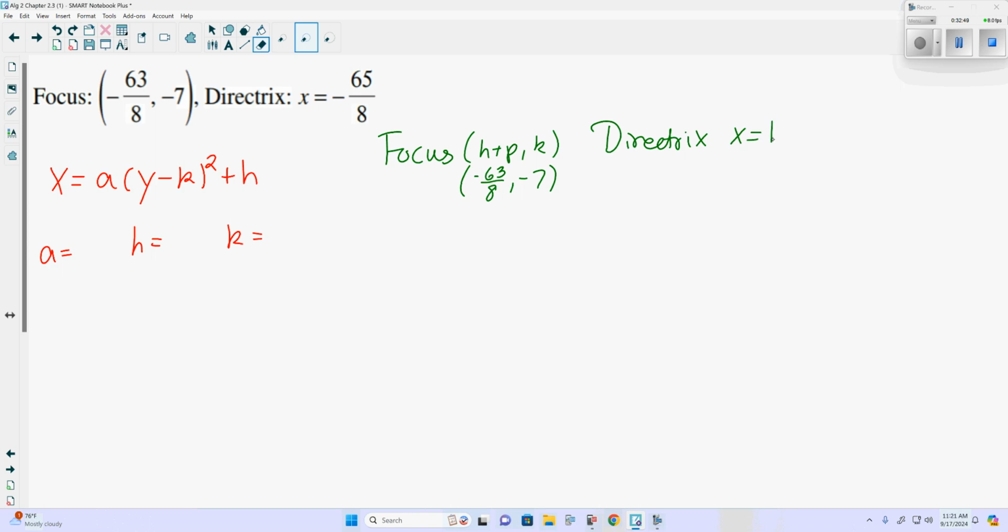General form x is equal to h minus p. And for us here, x is equal to negative 65/8. So just in the general form, do we have any of the variables given to us? Okay. k is the only one directly given to us.